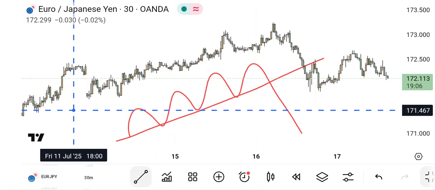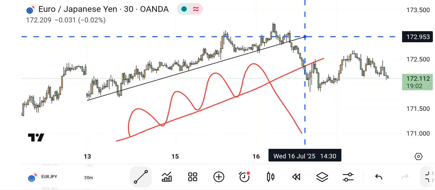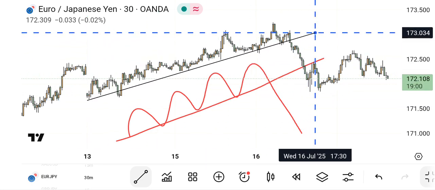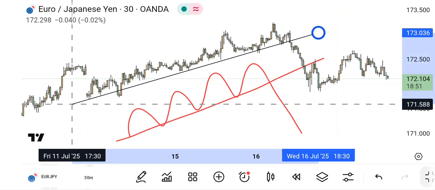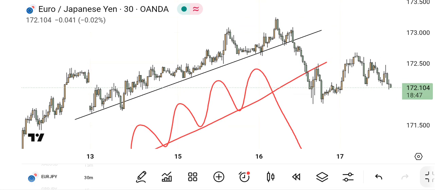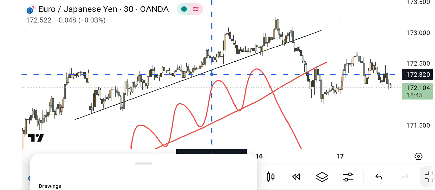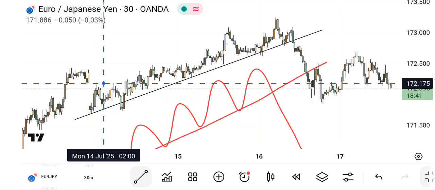This is the trend line here. Market has been moving up. If you notice, it's just like higher highs and higher lows, or lower highs, lower lows, the way you call it.